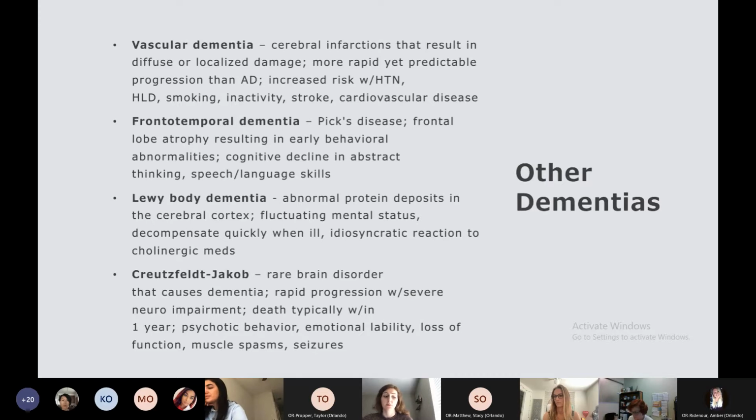And it's super rapid, and death usually happens within 1 year of diagnosis. So with this one, you have a lot of like behavioral issues. You'll have psychotic behavior, emotional lability. They'll lose function in their muscles. They'll have muscle spasms and even seizures.